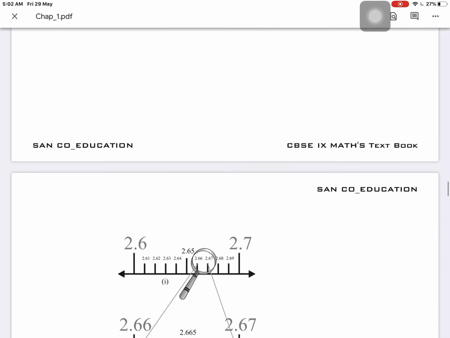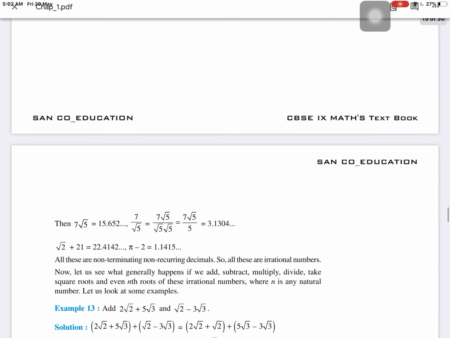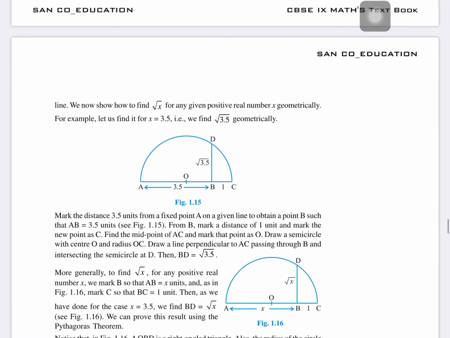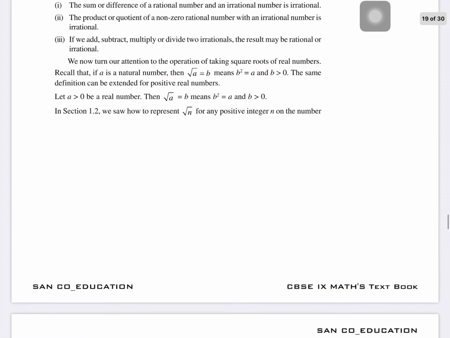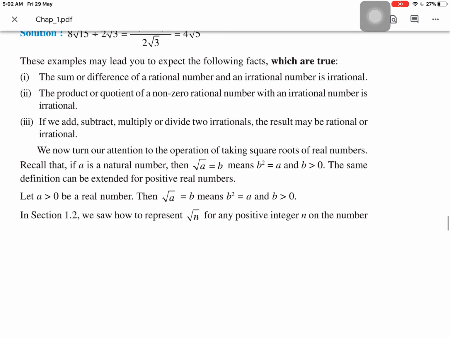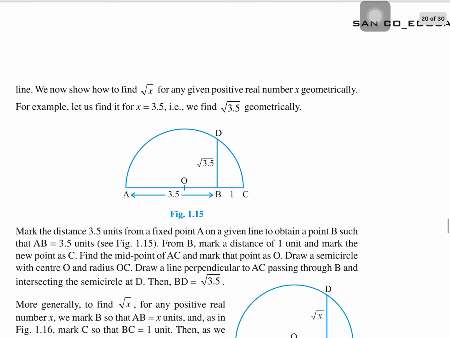Right now, here is the representation of any number on the number line. This is the successive magnification, but the method which I am telling you is like that. Yes, you may see the representation of any rational number on the number line, right? You may see this activity here. We now show how to find under root x.